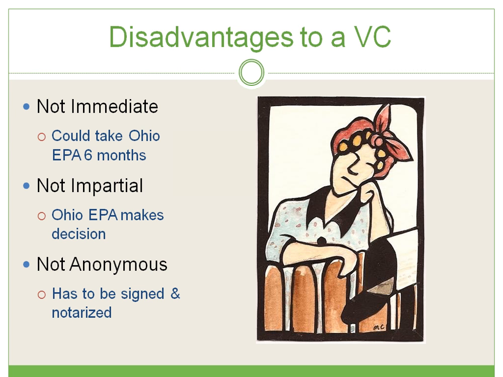You have to sign the document, and it is a public document. If you do not want the alleged violator to know it was you, the verified complaint may not be the right route for you. The lack of anonymity, however, is important to show the agency that you feel that this is a serious violation and not just a frivolous complaint.